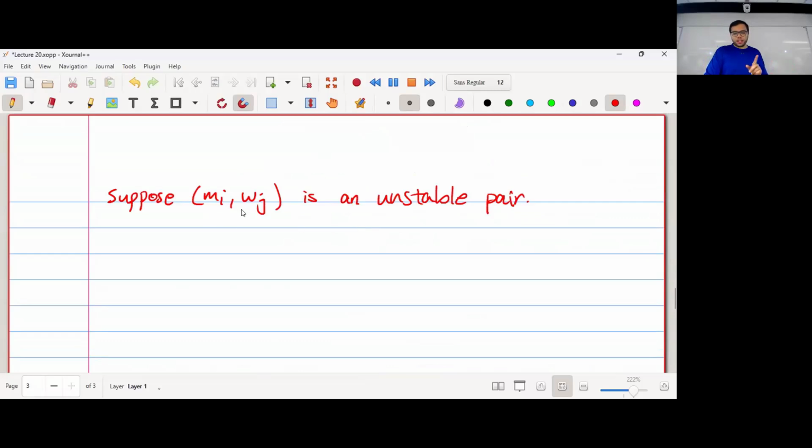If MI and WJ are an unstable pair, it means that they are not matched to each other. So let's say MI is matched to WI and WJ is matched to MJ, but MI-WJ is an unstable pair, which means that MI prefers WJ to WI and WJ prefers MI to MJ. I want to say that this is impossible.